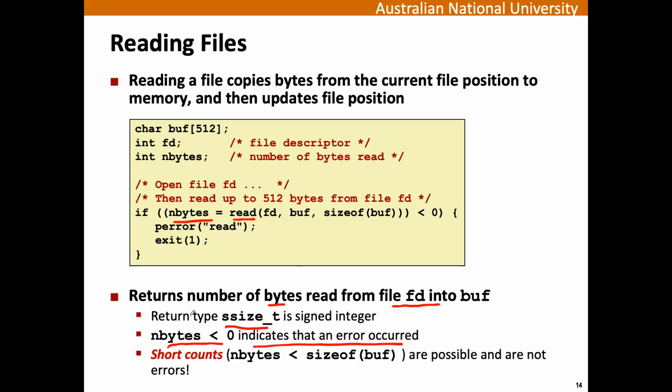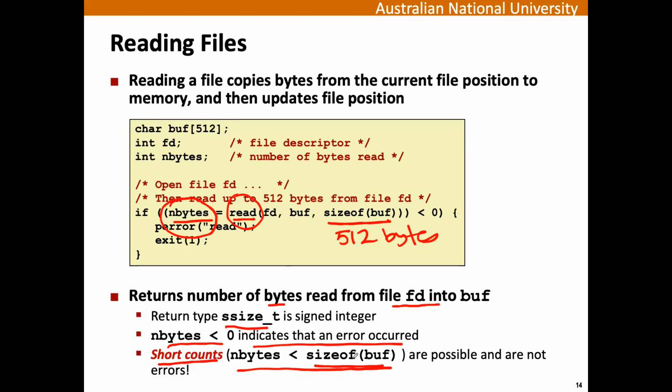There are a number of reasons why the kernel may not be able to give you 512 bytes, or whatever number you request. When that happens, we call this condition short counts. Short counts is when what is returned by the kernel as part of the read system call is less than what the programmer asked for.